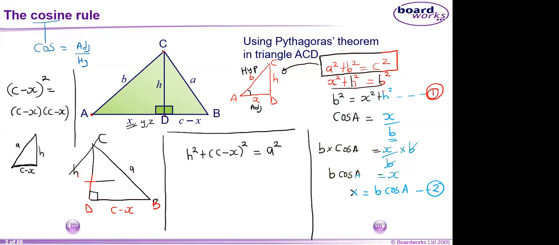The A squared will be C minus X, all of it squared. Then your B? The B will be H, which is squared. Then your C? The C will be A squared. Let me hope now it is clear. Yes, it is clear now.